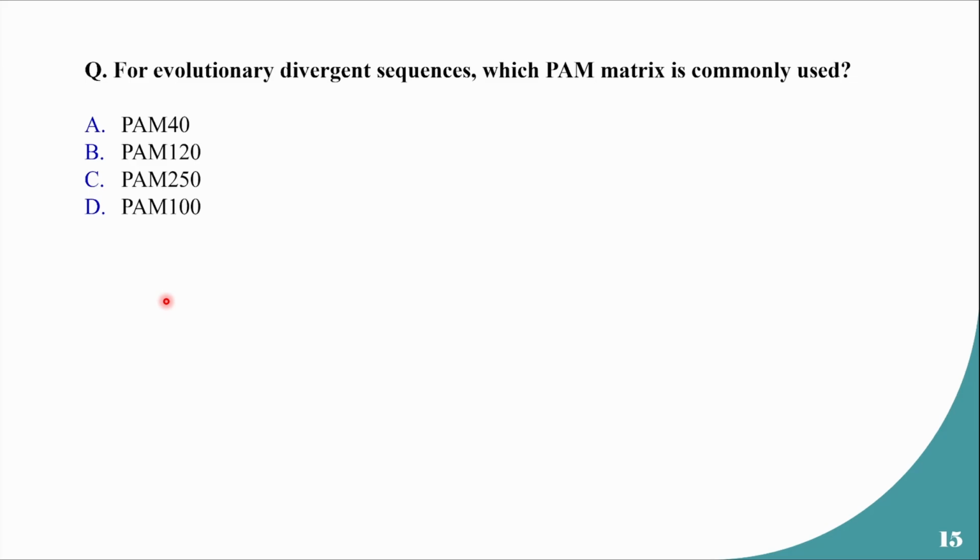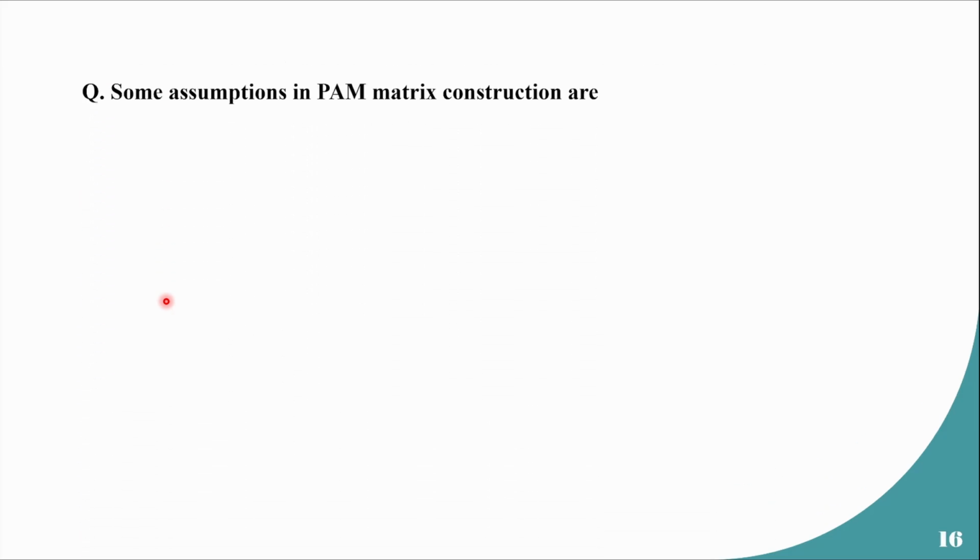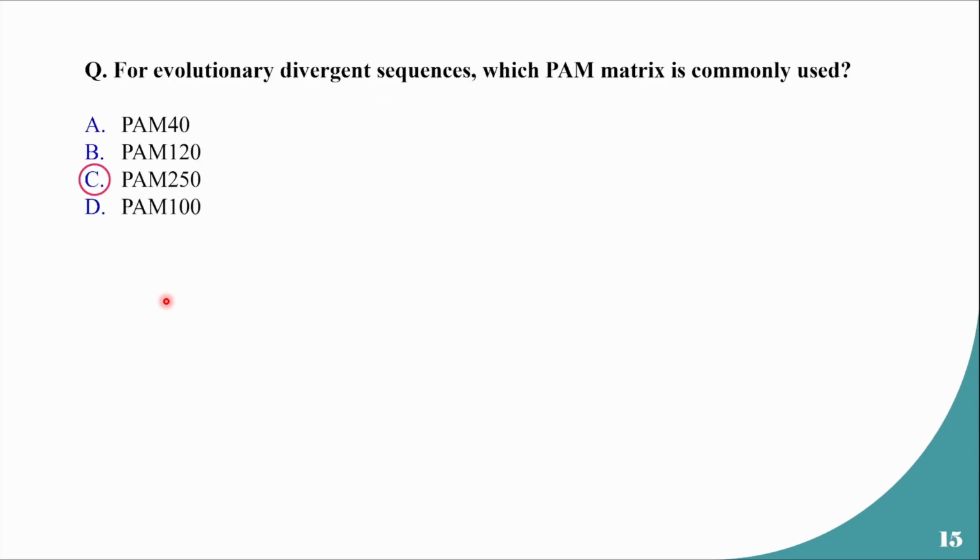I see some answer C's, which is correct. For evolutionary divergent sequences, PAM 250 matrices are used, right?